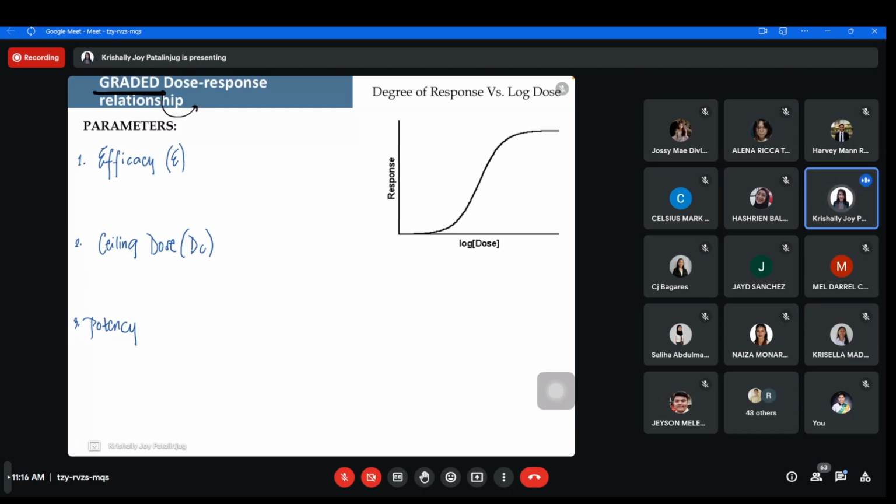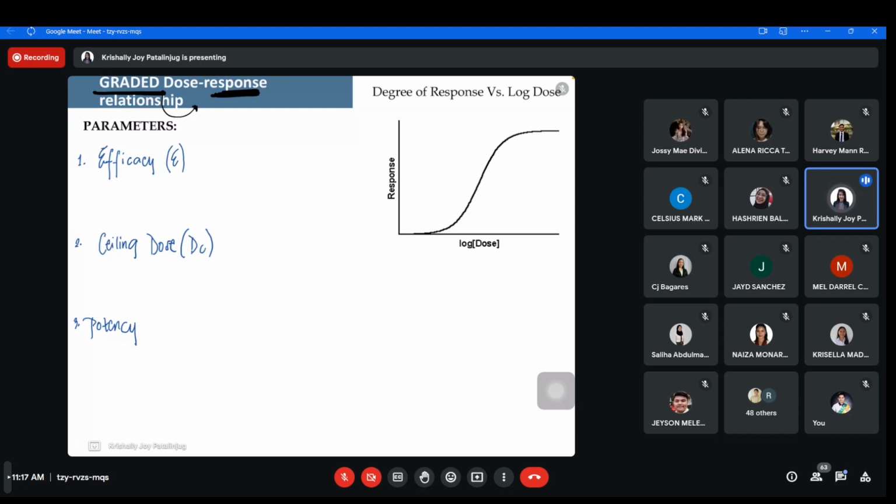So parang ganun. Okay, so sa graded dose response relationship, it only describes that the drug's effect will gradually increase upon increasing the drug's dose. Kaya graded dose response.